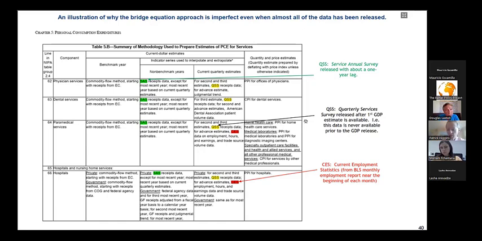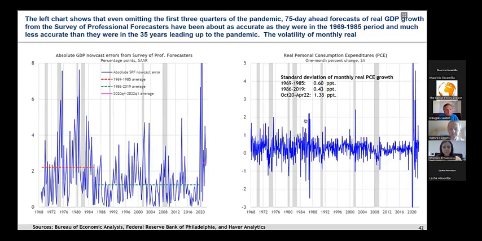It would be a big job to program all of this, using real-time estimates and only the first estimates of GDP to estimate these bridge equations, but that is one thing that messed up the model somewhat.